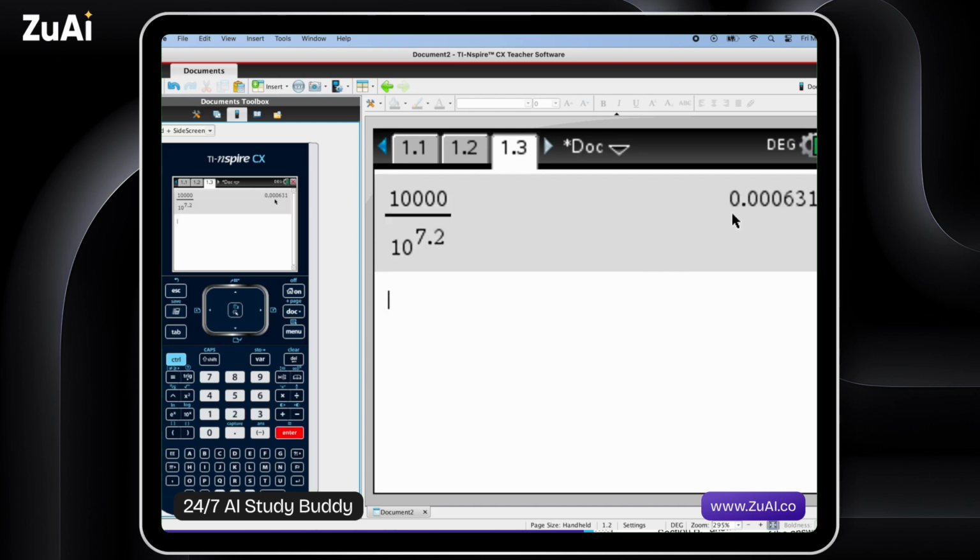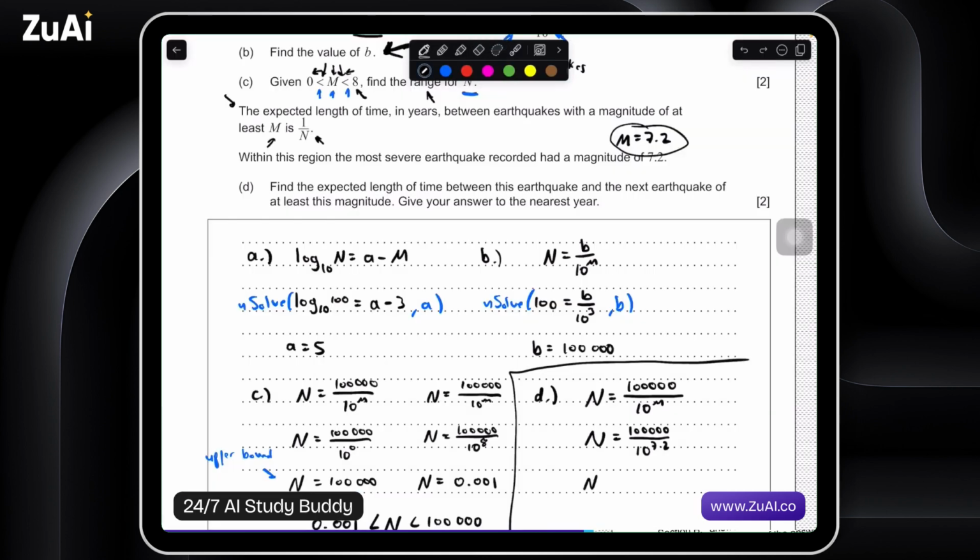In this case, a very small number. N is equal to 0.000631. So going back to the document, N is equal to 0.000631. And this is 3 sig figs, so that's okay.